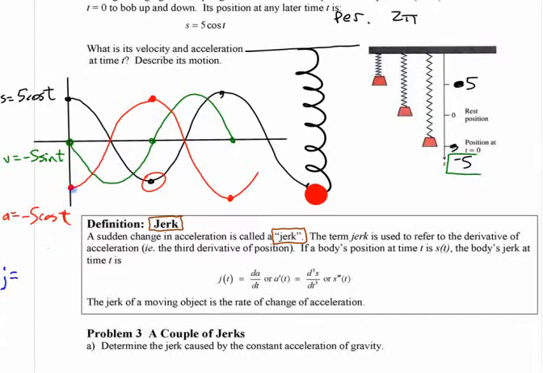Just look at the slopes of the red curve. It's 0 there, right? It's 0 here. What is it at this point right here? It's 1, right? The slope in the middle of a trig curve is at its greatest. The acceleration is changing the most in the middle.